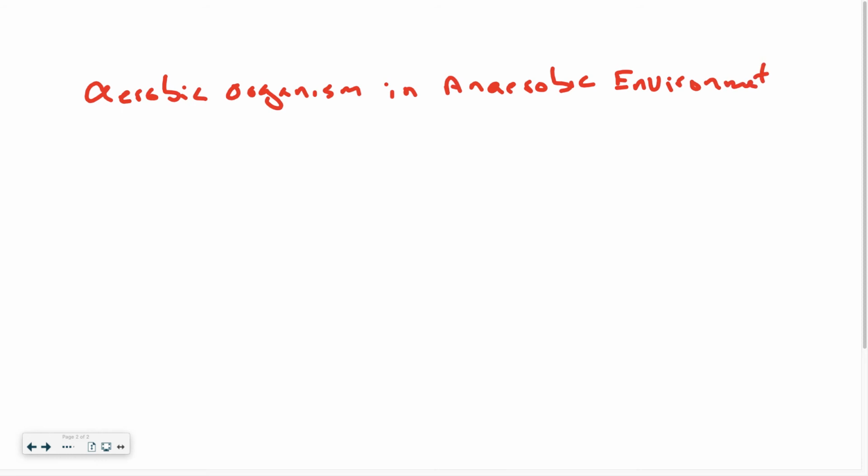So what happens if you put an aerobic organism in an anaerobic environment? What needs the oxygen to work?